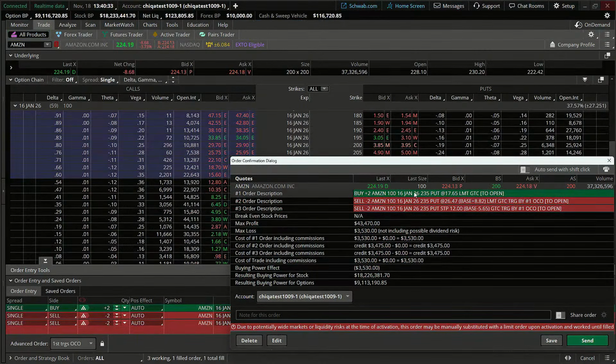So we have 2 contracts of the 235 put at the current price. We also have our 50% gain to the upside there if the price of the stock should go down to roughly that horizontal support. And then we have that tight stop staying within our risk parameters of our account there. So that all looks good to me.